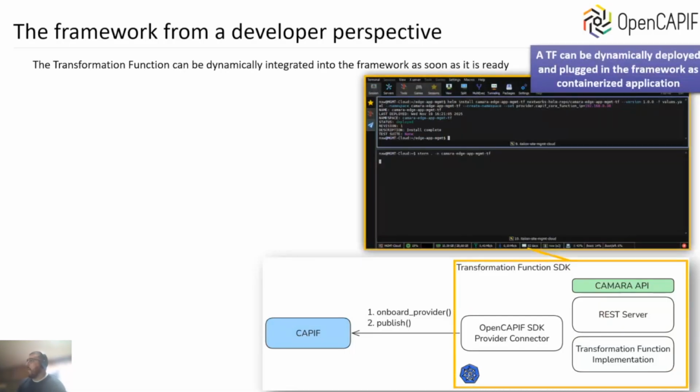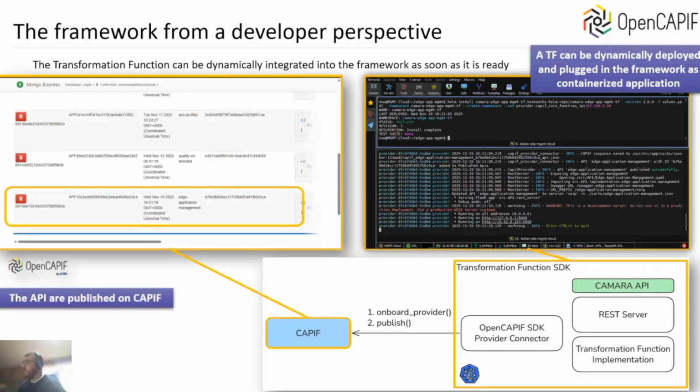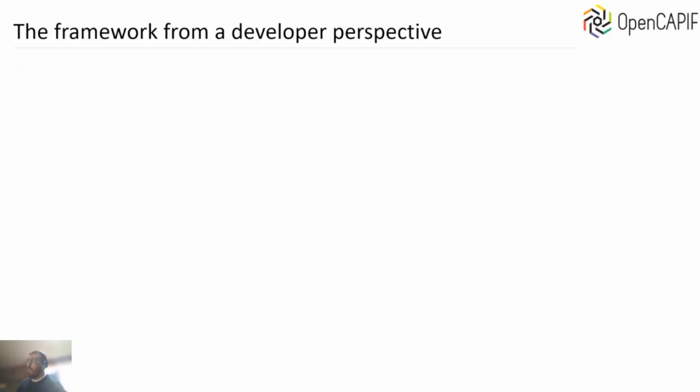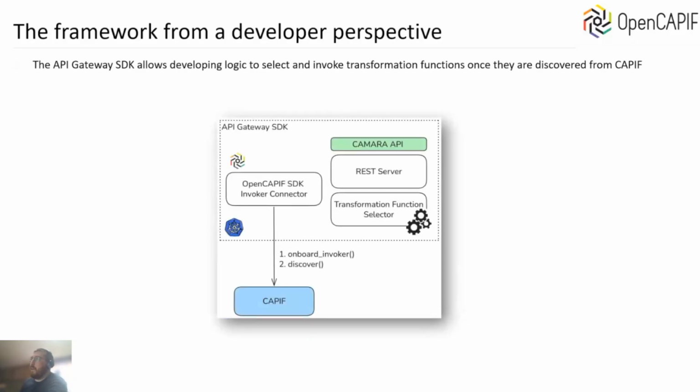Okay, here you can containerize the application, and as soon as, for example, the Helm chart, if we are in Kubernetes, is deployed, the transformation function is dynamically published on CAPIF and is available to be selected and invoked. By whom? By the API gateway, as I was saying before. The API gateway, in this case, is an invoker.